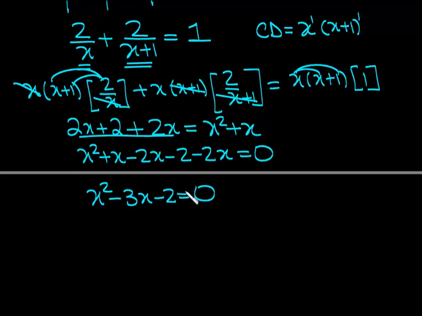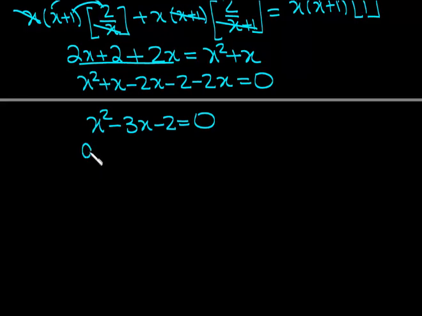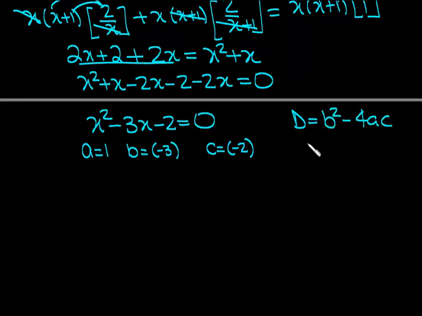Now again, this cannot be factored, and if you're not sure, let me go ahead and do it this time. A is 1, B is minus 3, so let's put parentheses, and C is negative 2. To check to see if you can factor this, you take d is equal to b squared minus 4ac. So we get negative 3 squared minus 4 times 1 times negative 2.